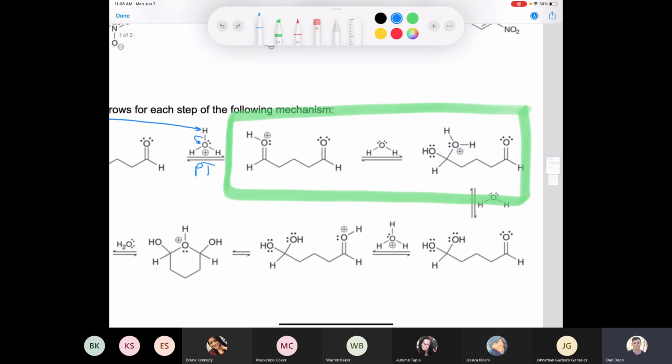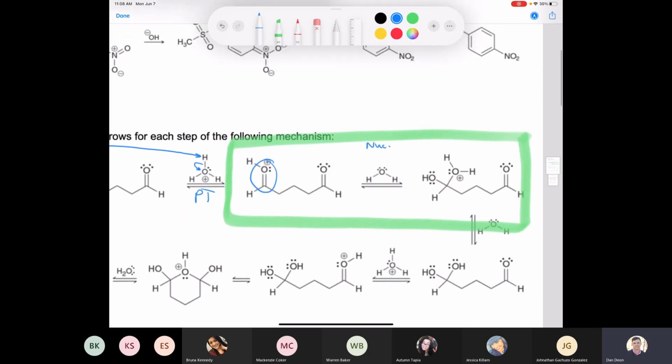You have the water, which can act as a nucleophile. And since you have this double bond over here, you could also write it like this. Just put R over here where you have the positive charge. So this carbon is really delta plus, a really powerful electrophile.